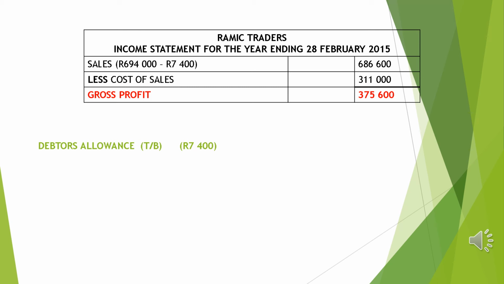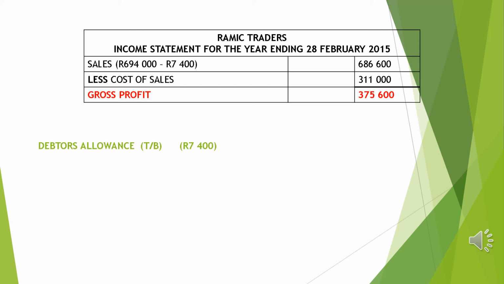That includes your cash basis and your accrual basis. So minus 7,400 rand of your debtors allowances, goods that were sold for 7,400 rand. We need to say minus because these goods were returned during the year. If we do not remove this 7,400 rand, our sales amount is overstated.